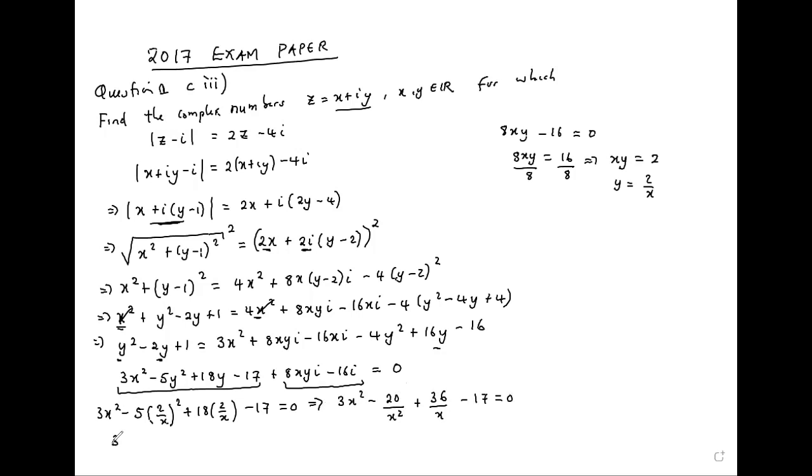We're going to have 3x to the 4 minus 20 plus 36x minus 17x squared is equal to 0. That has become a very serious polynomial. 3x to the 4 minus 17x squared plus 36x minus 20 is equal to 0.